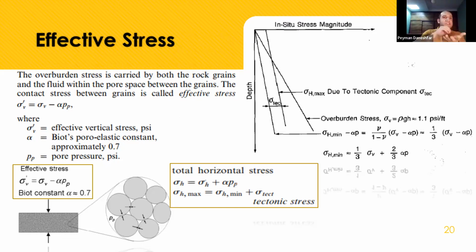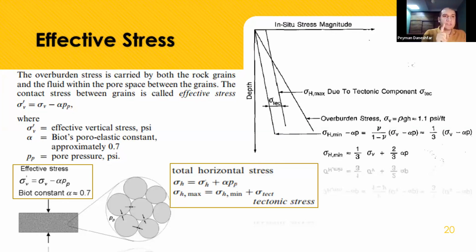The contact stress between the grains is called effective stresses, which we show with this sigma prime, okay? Whenever you see the prime on top of the sigma, you can find the effective stresses, for the vertical stresses, when we want to find the effective stresses.